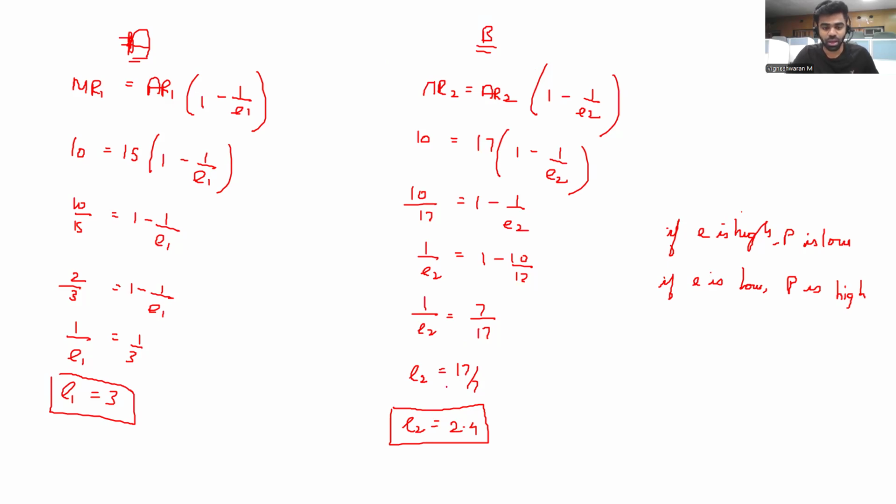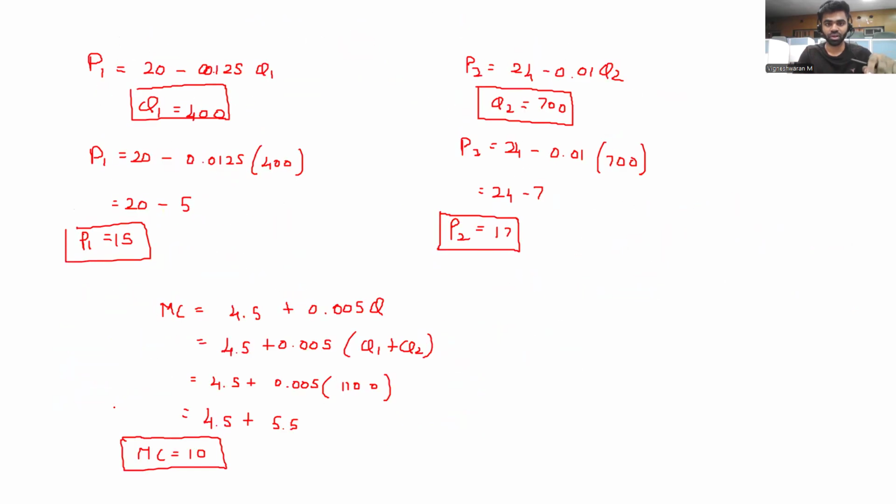Market A has high elasticity, 3, so the price in market A will be lower compared to market B. Market B has lower elasticity, but the price is higher. So that's all for this question. In this question we have calculated the price, output, profit and elasticity, these four things, for both markets.